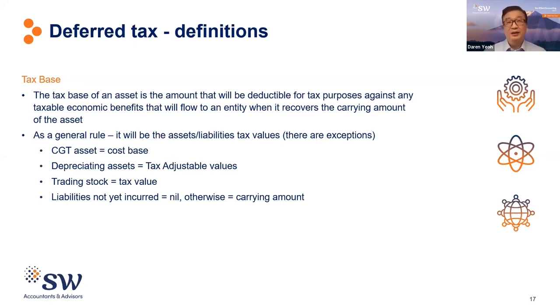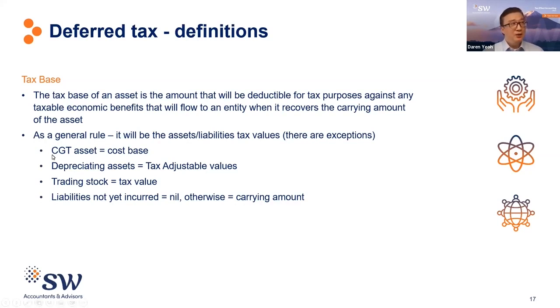In that scenario, the tax base of that liability will equal the carrying amount, so no different from what you have in your trial balance. Now, certain liabilities, you get a deduction when you pay them out, for example, an annual leave provision, a superannuation accrual or an audit fee accrual. In that situation, the tax base of that liability would be 0.